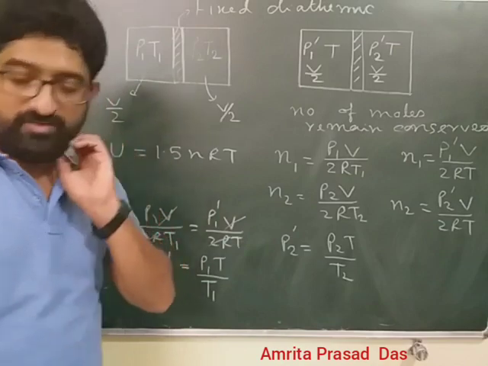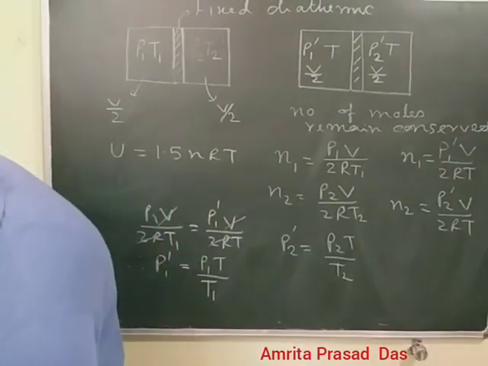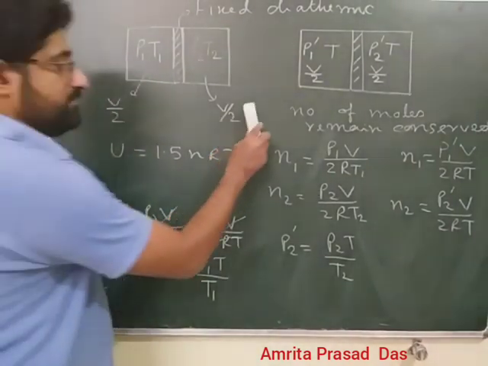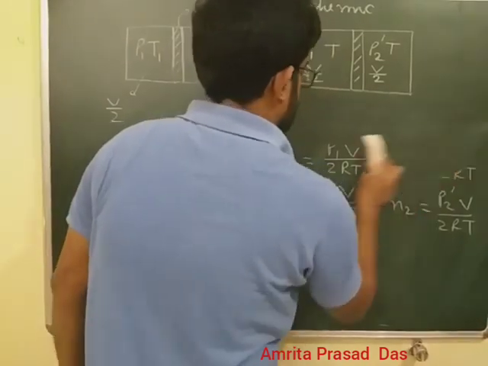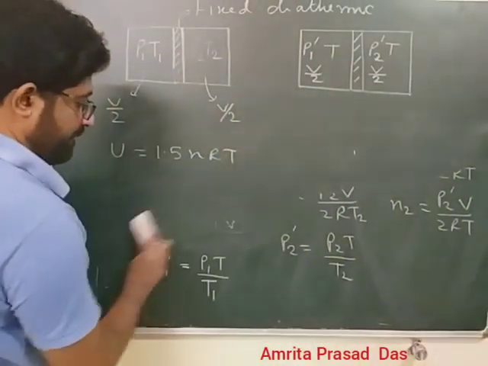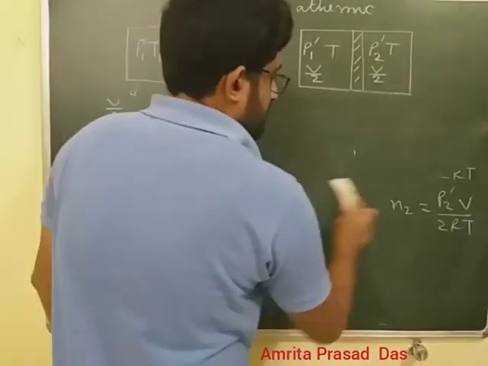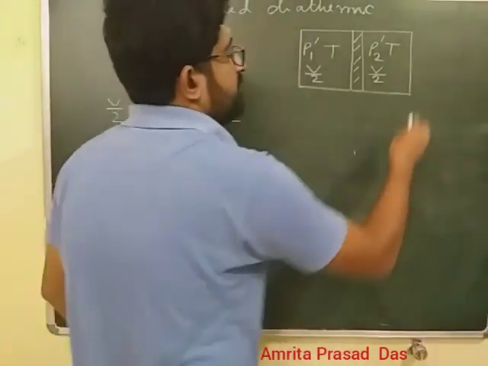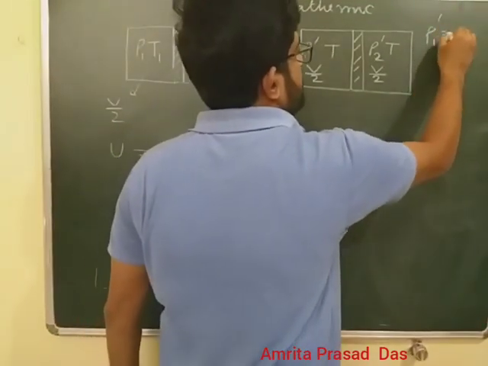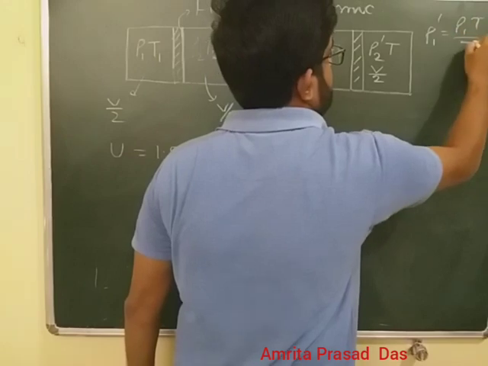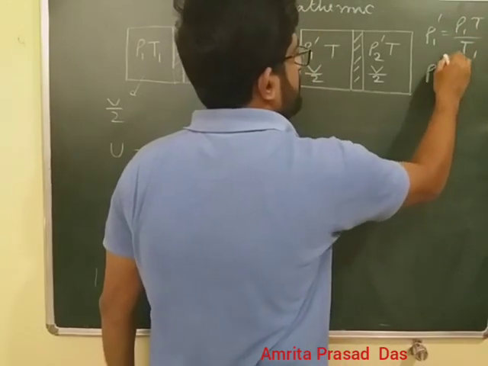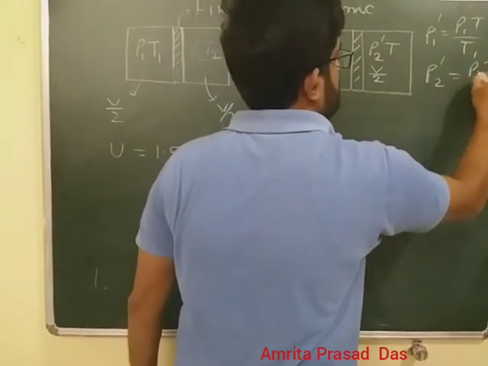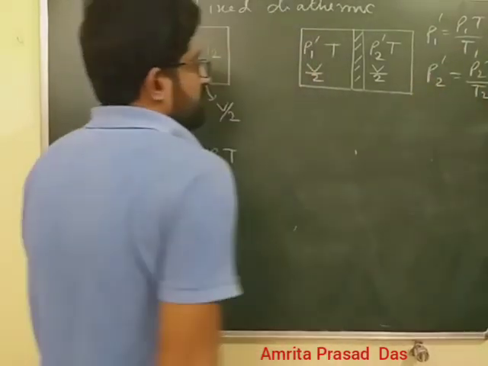Now, how to find out the final temperature? Let us write P1 dash is equal to P1 T by T1 and P2 dash is equal to P2 T by T2.